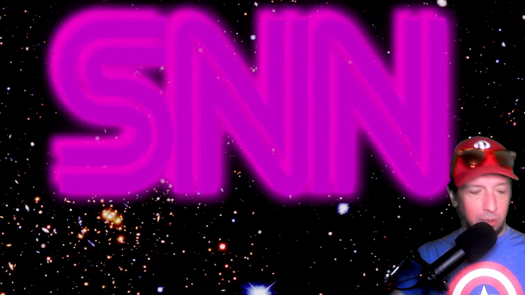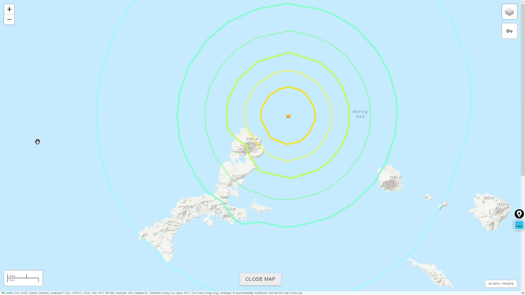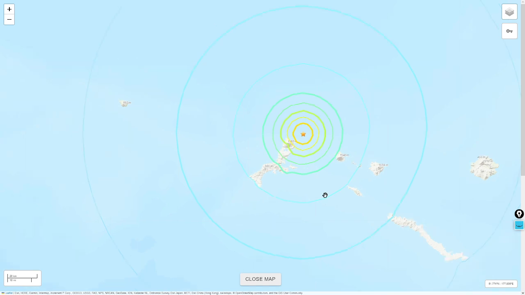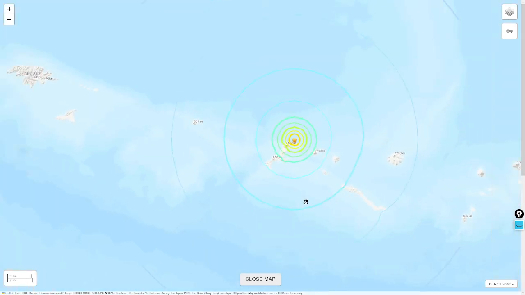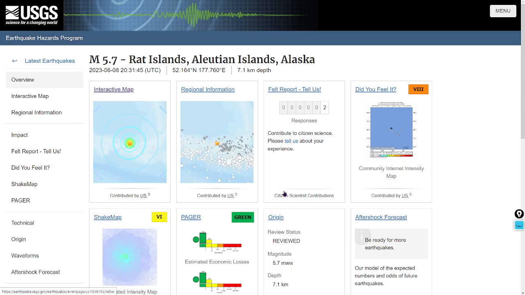We'll also look at global seismicity. Here's what's been going on for the past 90 days. And over the past 24 hours, the largest quake occurred in the Bering Sea. So just north of those tiny Aleutian volcanic islands there, the Rat Islands. That was a 5.7 magnitude.